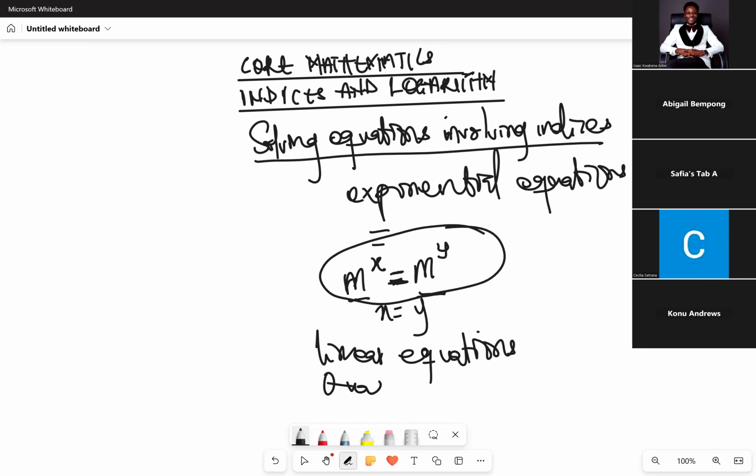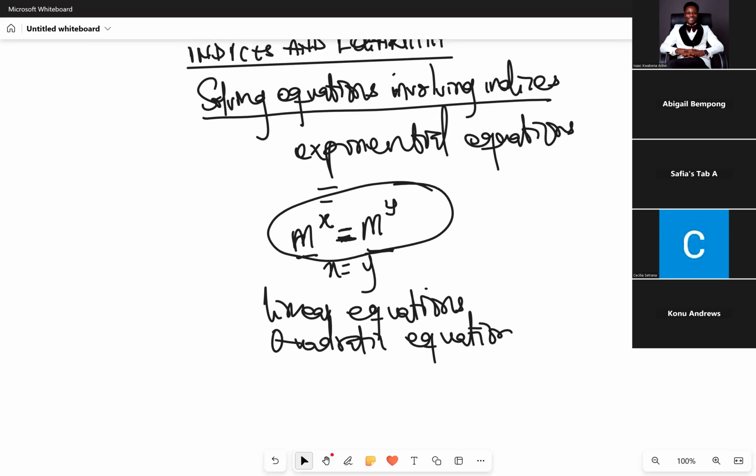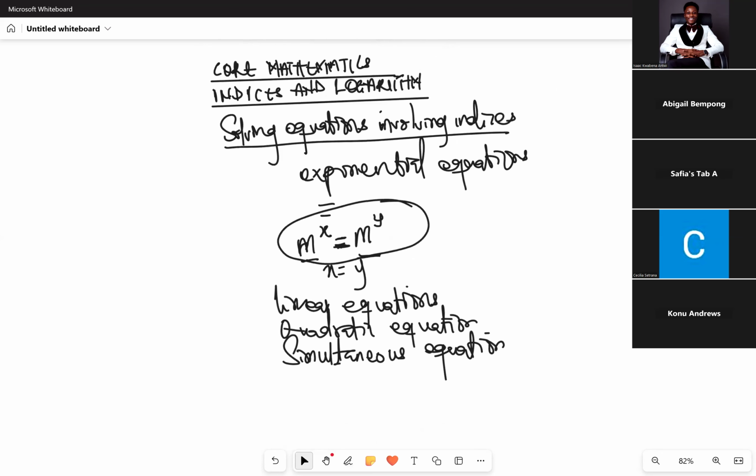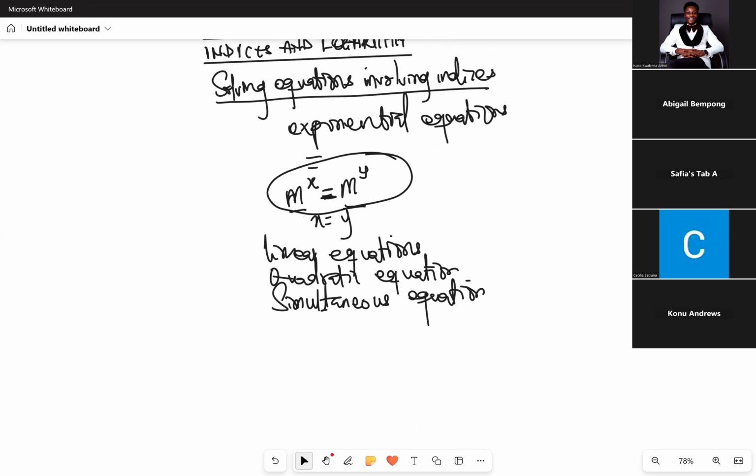Sometimes they become quadratic, and you need ideas in quadratic equations. Some also turn up as simultaneous equations. So let's start with some examples.